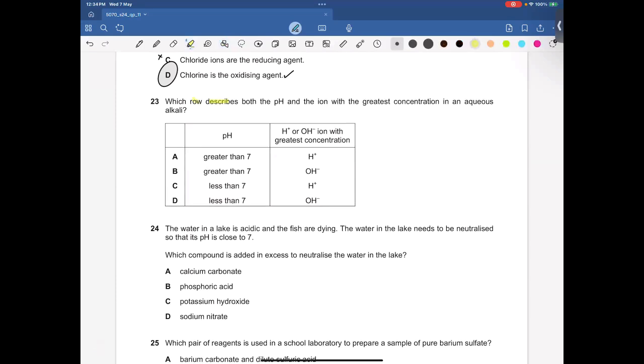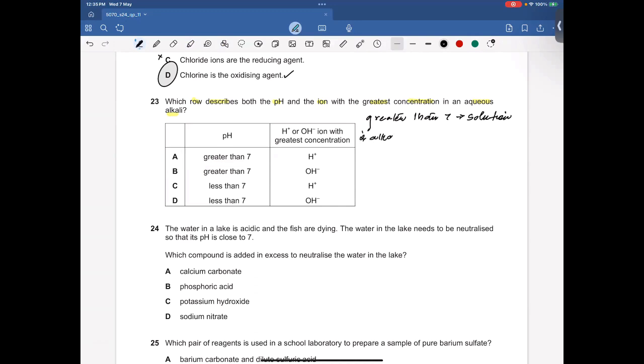Which row describes both pH and the ions with the greatest concentration in aqueous alkali? Greater than 7. So whenever you have greater than 7, the solution is alkaline.